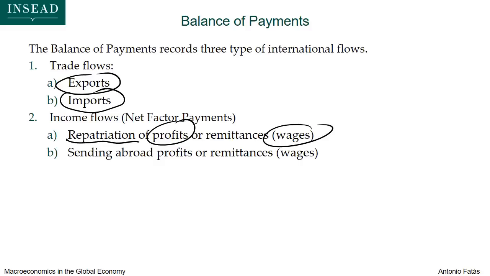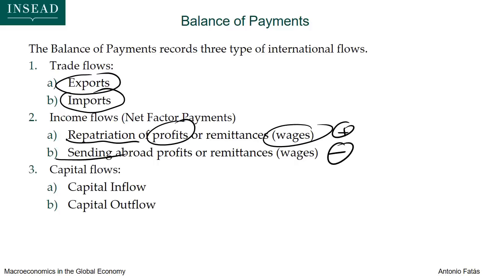Either they're coming towards our country, so repatriation of profits or remittances sent by workers that are sitting in another country, or they can come from our country to other countries. When they go in the opposite direction, we'll record them with a minus sign as opposed to a plus sign for the first type of flow. Finally, we'll have capital flows.